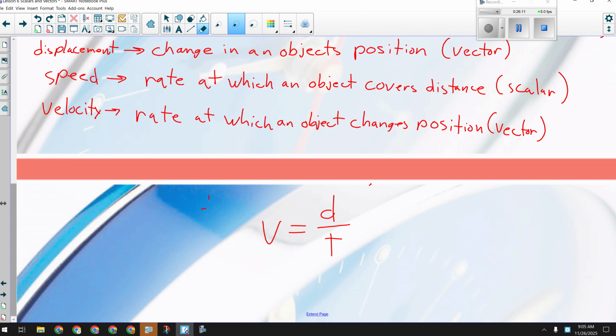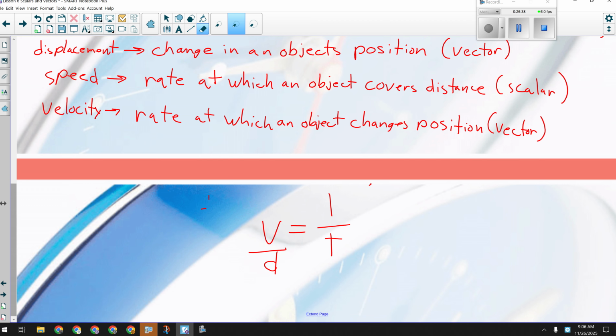D divided by D is what? 1. So if I divide both sides by D, I've got V divided by D equals 1 over T.